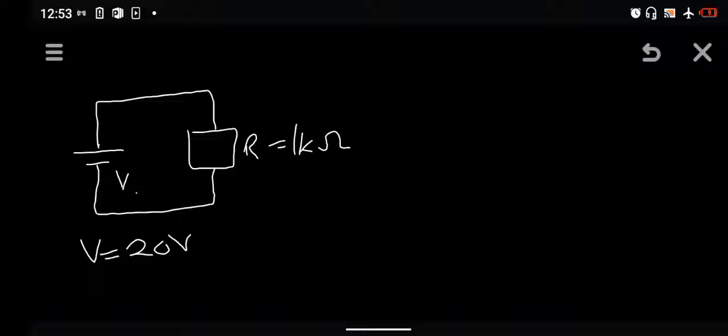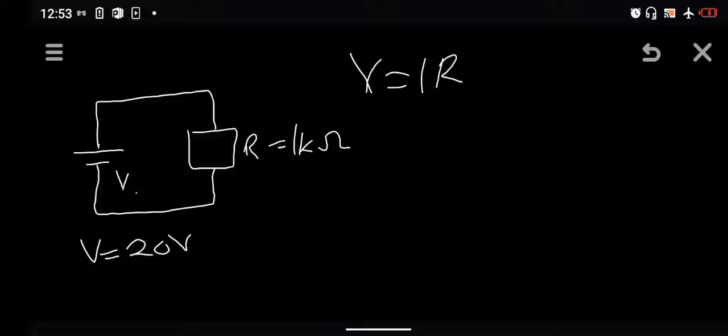Ohm's law says that V equals IR, where R stands for the resistance and I stands for the current in the circuit.